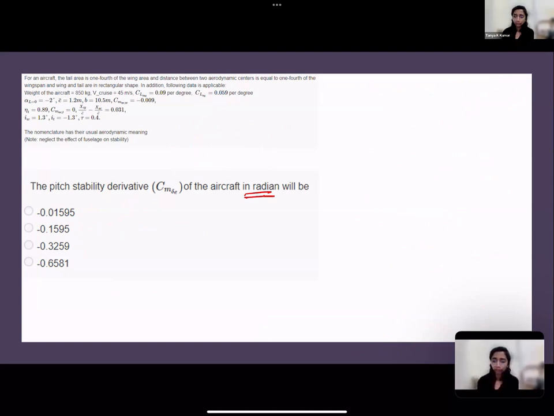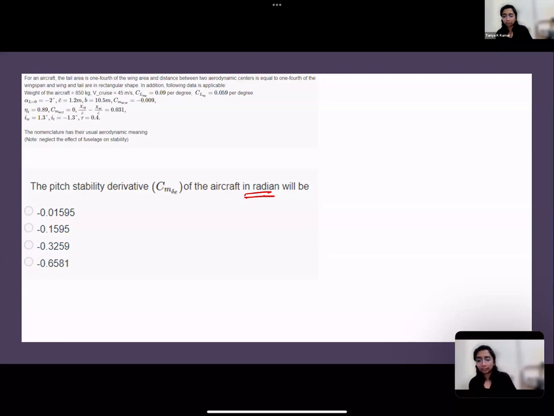Try to recall that. Just try to recall or go through your notes.